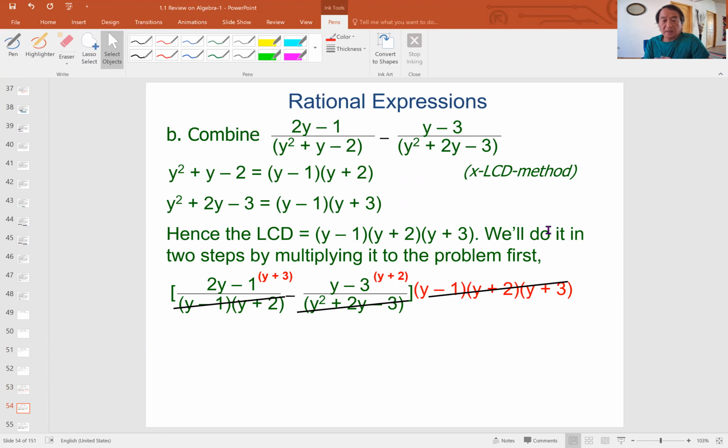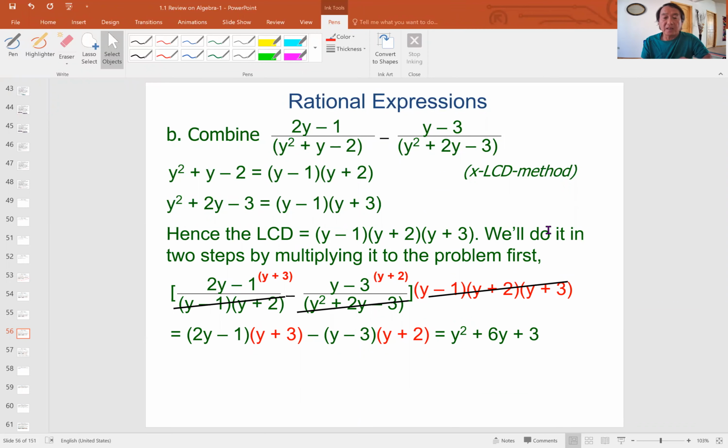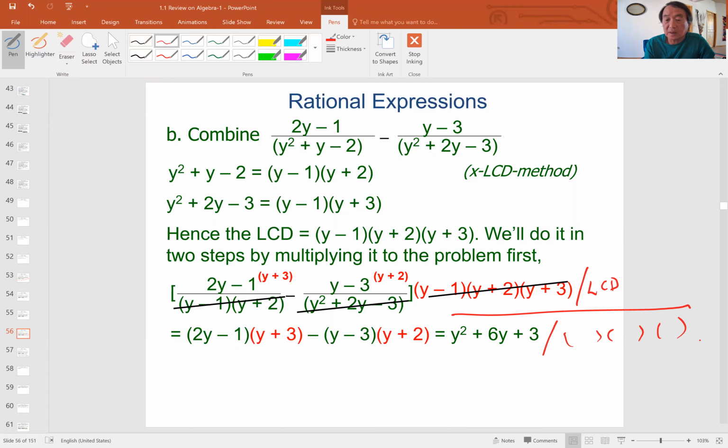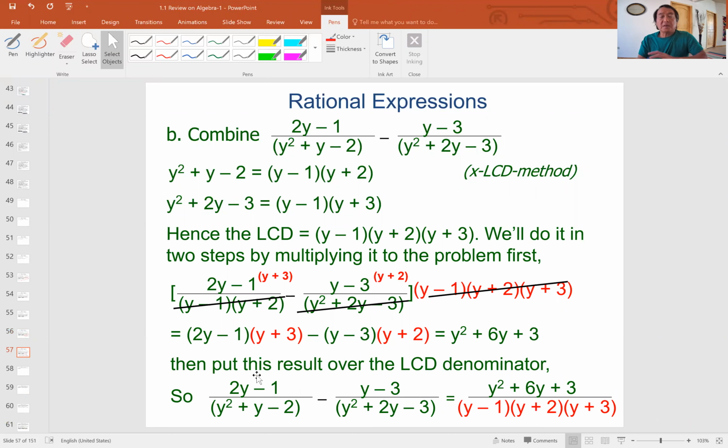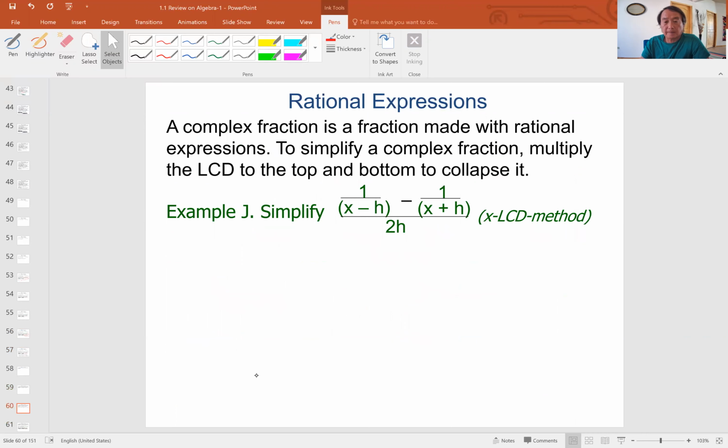And then these are the cancellations. Then I end up with this binomial multiplication and subtraction, like the first example. Simplify whatever this is, and it belongs over the LCD. So now I put the LCD back as the original common denominator, the 3 parentheses, and this is the answer. Okay. So this is just a way of tracking things in the PowerPoint.